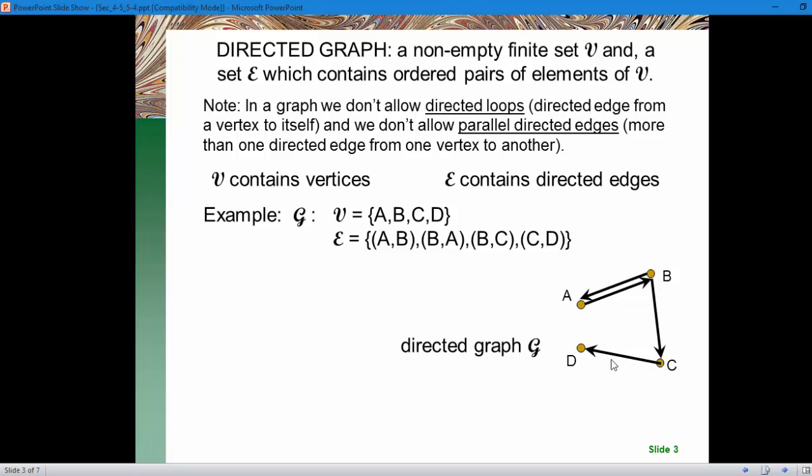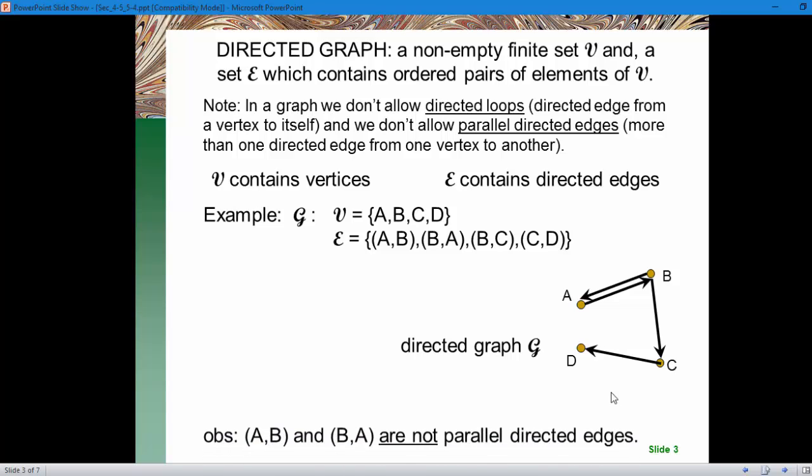And the edge C to D. So there are four different edges, even though these two edges here may look the same if we ignore the arrows, but they are different edges because they have different directions.